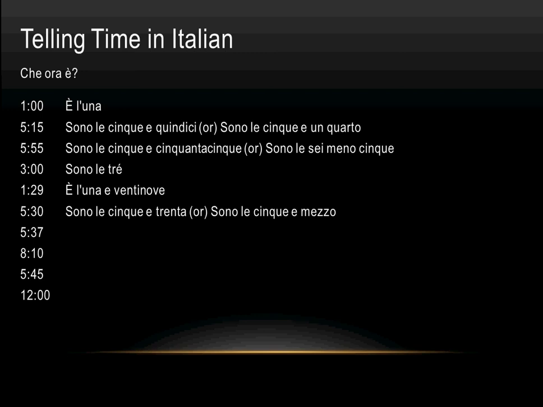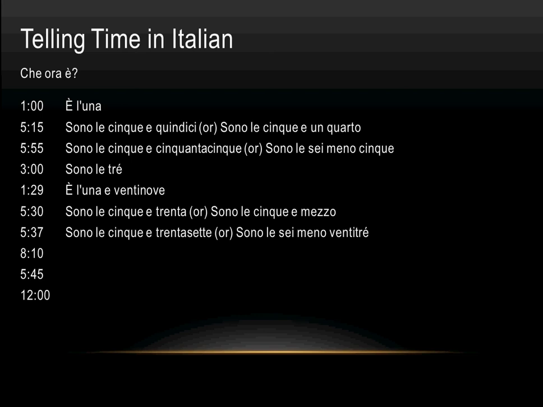Okay, 5:37. What if it's 5:37? "Sono le 5 e 37," or "sono le 6 meno 23." So it's 5:37, or it's 23 minutes till 6. "Sono le 5 e 37," or "sono le 6 meno 23."